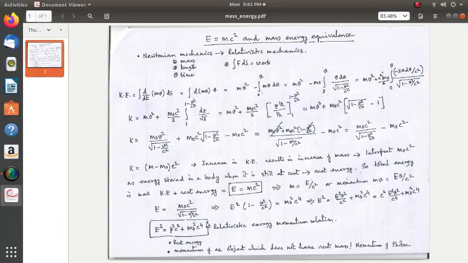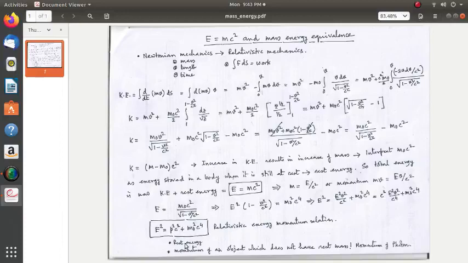So from the relativistic energy momentum relation we can see two things. If an object is at rest, that is momentum is 0, then it has the energy which is the rest energy, that is E square equal to m0 square c to the power 4, or E equal to m0 c square, that is the rest energy.